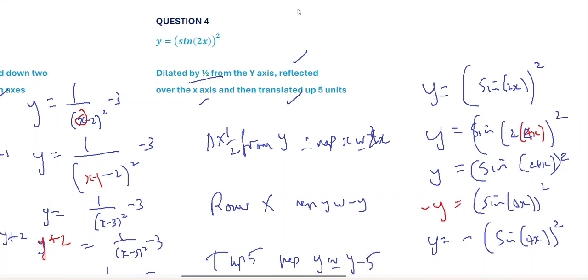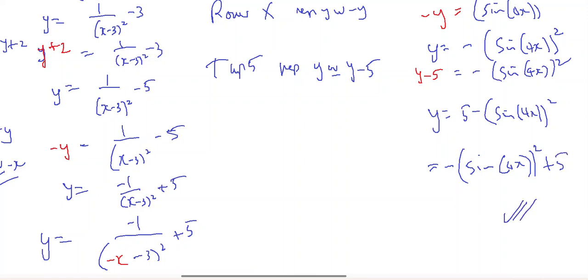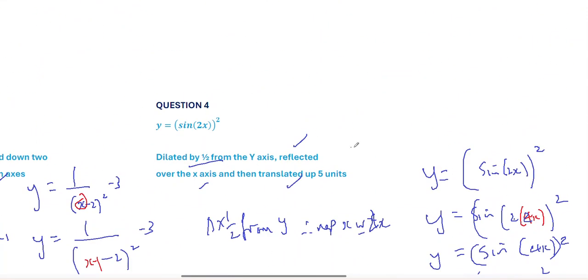So my left-hand side will become y minus 5, and my right-hand side will become negative sine of 4x squared, which cleans up, becomes 5 minus the sine of 4x all squared, or alternatively you could lead with the negative sine of 4x all squared and then plus 5. So that's how you do transformations when the transformations have been described to you in words.